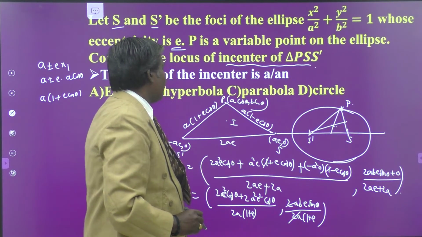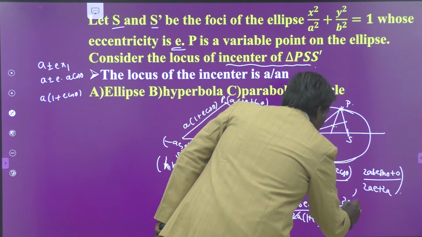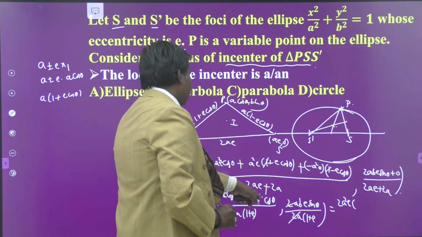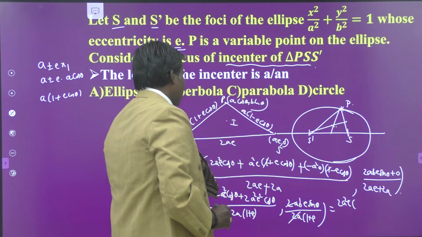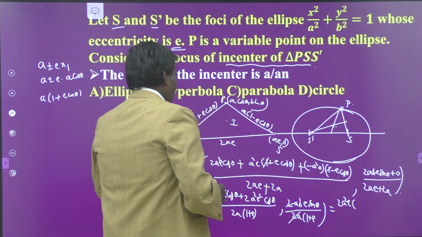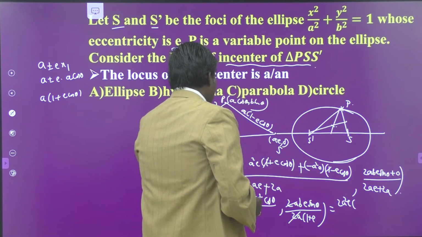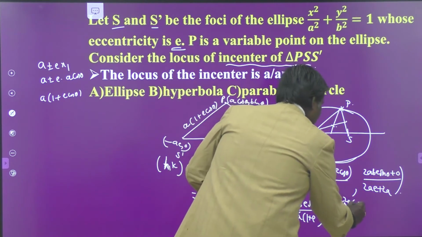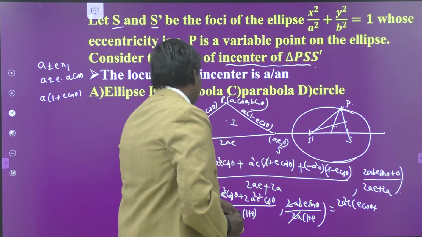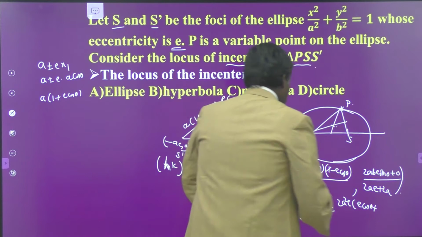2a square e you make common. That is equals to 2a square e into e cos theta plus 1. 2a square e square. Once if you take the 2a square e, 2a square e cos theta, e cos theta plus you have 1 plus e cos theta.